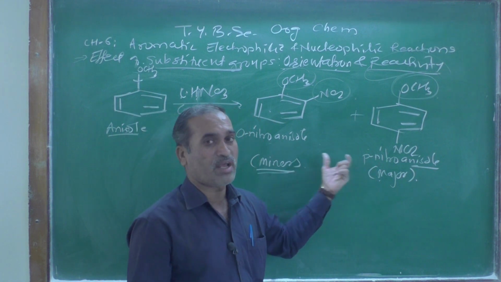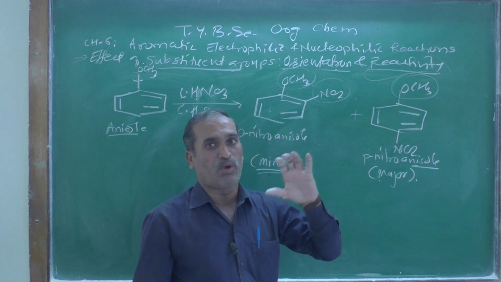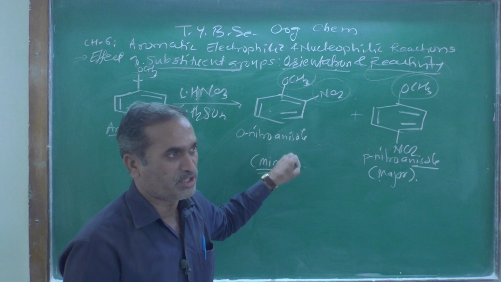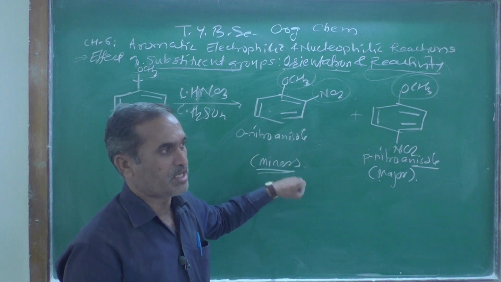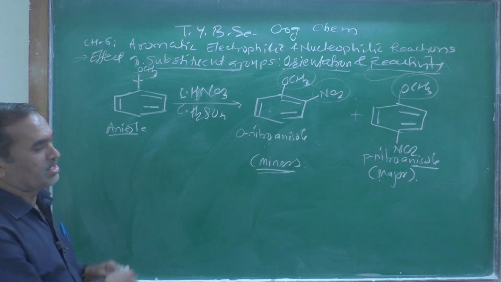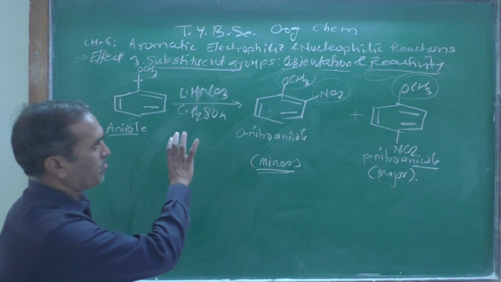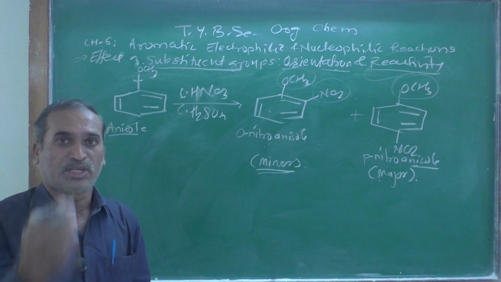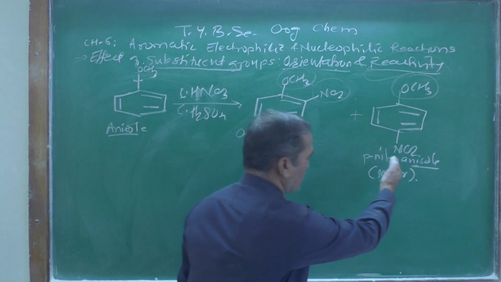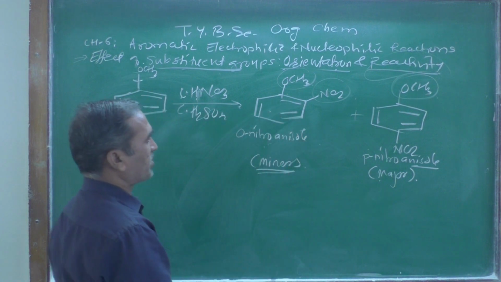This is the major and this is the minor. Why? Because here steric hindrance is there, so the internal energy increases, and that's why the stability of that compound is less. It is formed in a lesser percentage, whereas this is formed in a greater percentage.